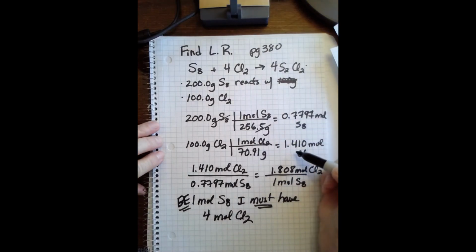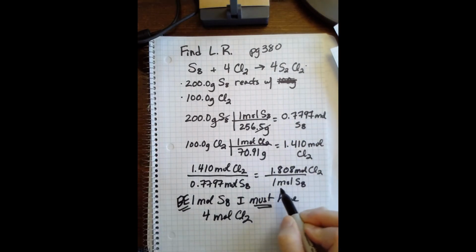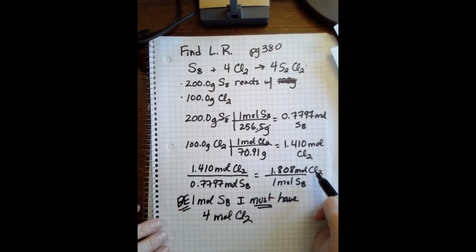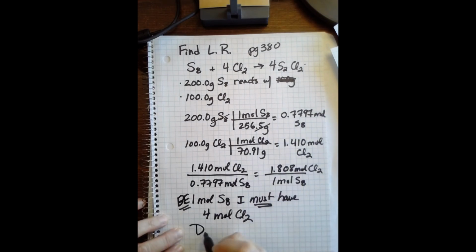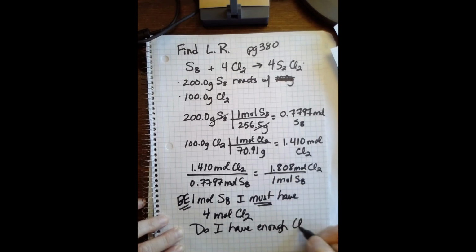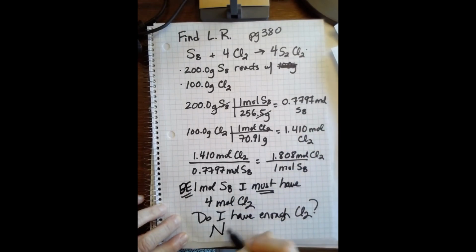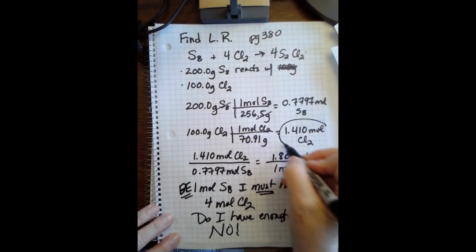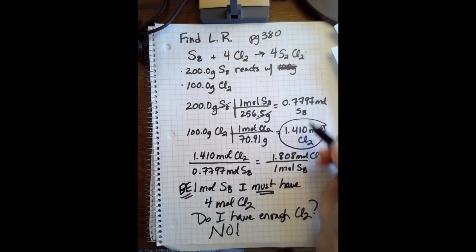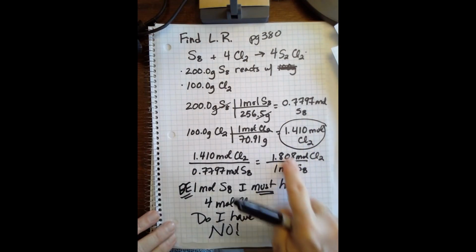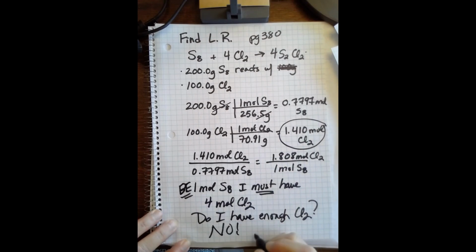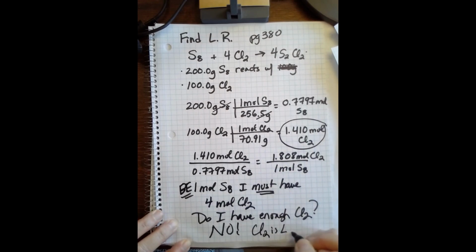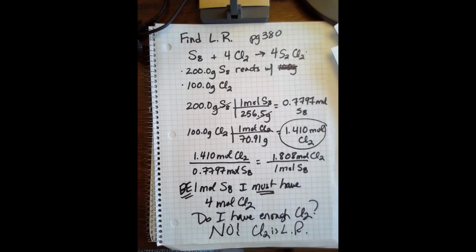But with the amounts that I have been given, when I have 1 mole of sulfur and only 1.8 moles of chlorine, do I have enough Cl2? No, I do not. So even though I have more moles of it than this, you cannot look at it like that. It's what is this ratio? So Cl2 is the LR, the limiting reactant.